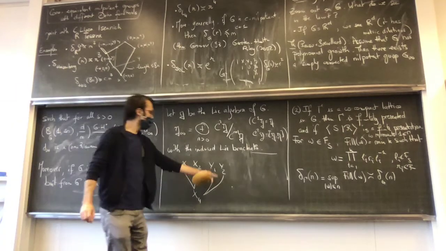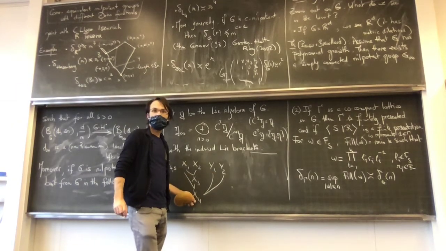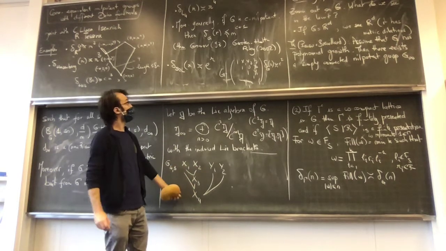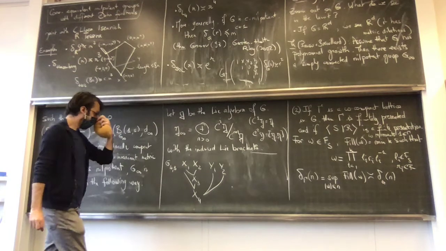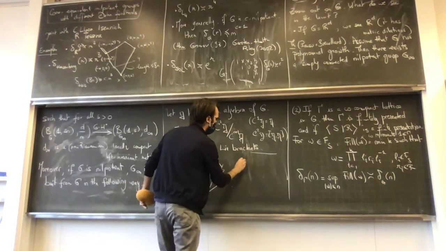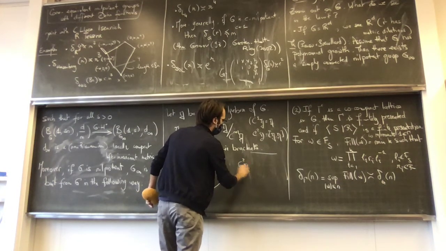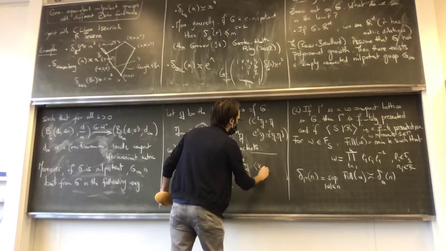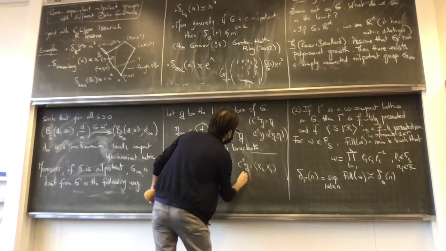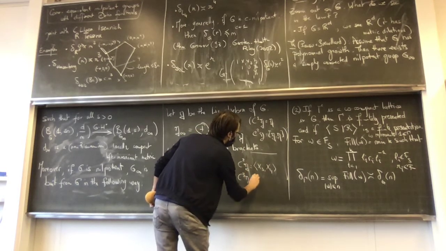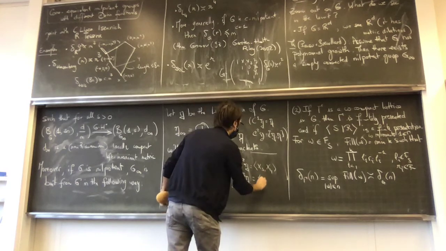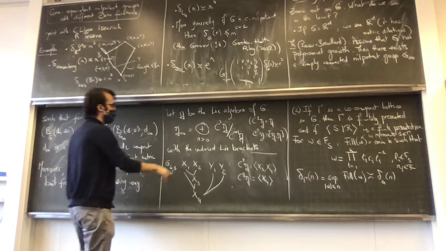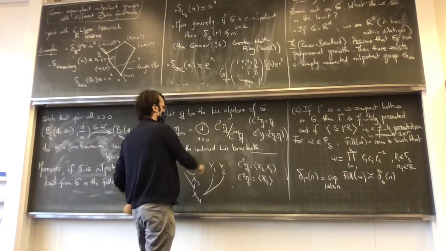So Y1, Y2, X4 will be an embedded Heisenberg group, and X1, X2, X3, X4 will be an L4 group. If you compute, C2G will be just X3, X4, and C3G will be just X4.